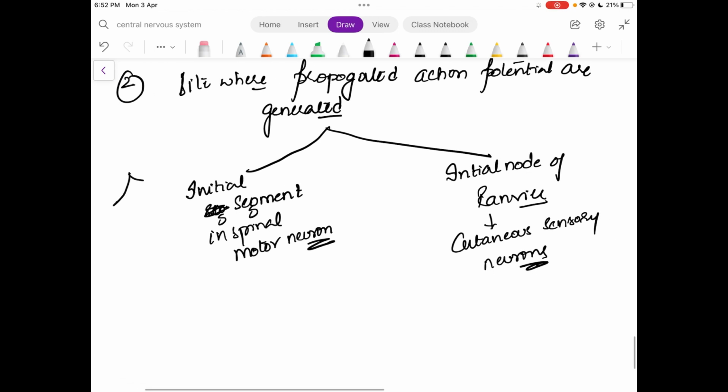So this is a neuron, this is an axon, this will be the initial segment, this will be the initial node of Ranvier. At these points the action potential will be generated.